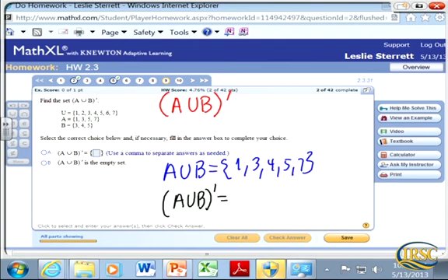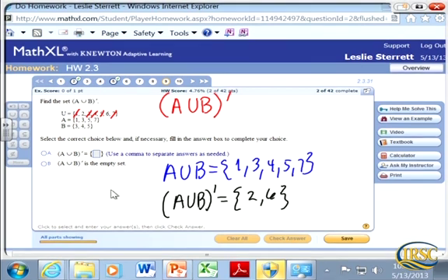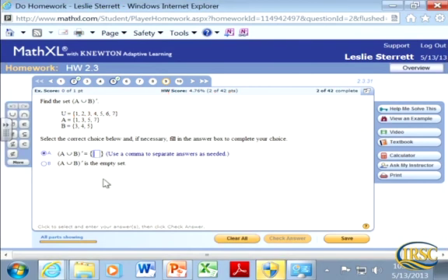And the complement means that I am going to cross out 1, 3, 4, 5, and 7. So eliminate those from the universal set, and what's left? Okay, 2 and 6. So my final answer is the set of 2, 6. So go back to your box there and type 2, 6. Nice work.